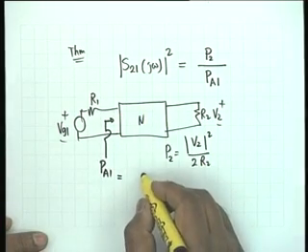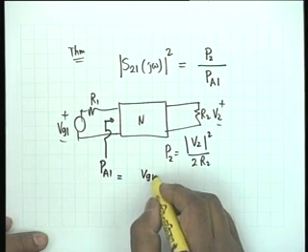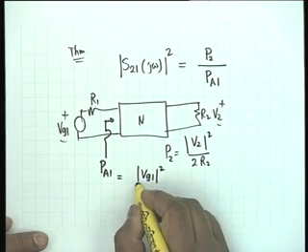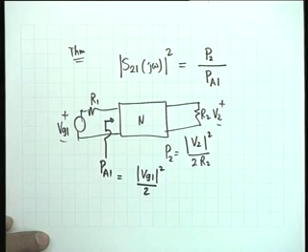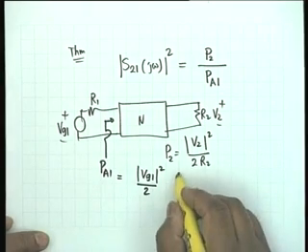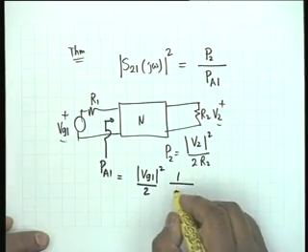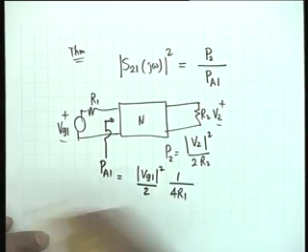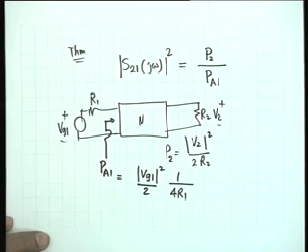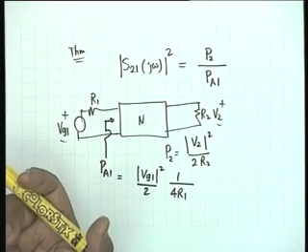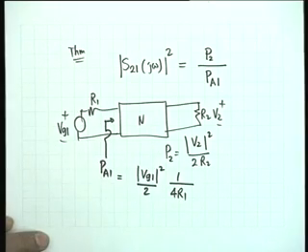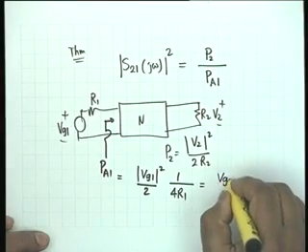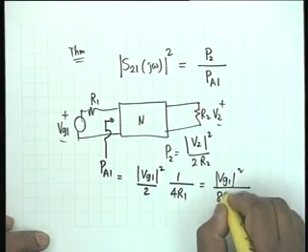And therefore, PA1 would be Vg1² divided by 2 first, divided by 4 times R1. Is this clear why it happens? We can find out the current, then current squared multiplied by the resistance. That is correct. Maximum power, and it is called the available power. The word maximum is sometimes dropped. So, PA1 is equal to Vg1² divided by 8R1.